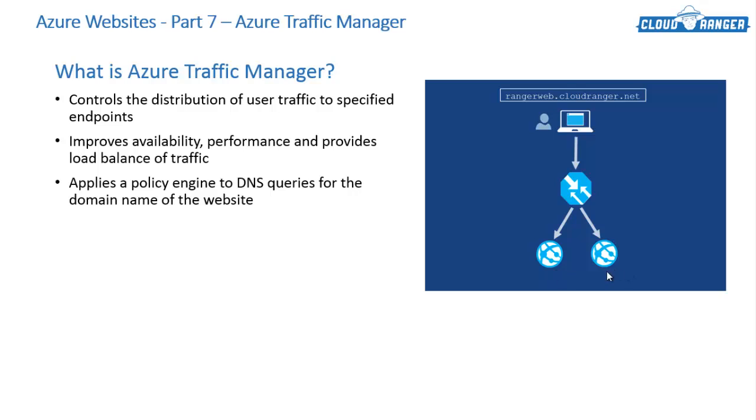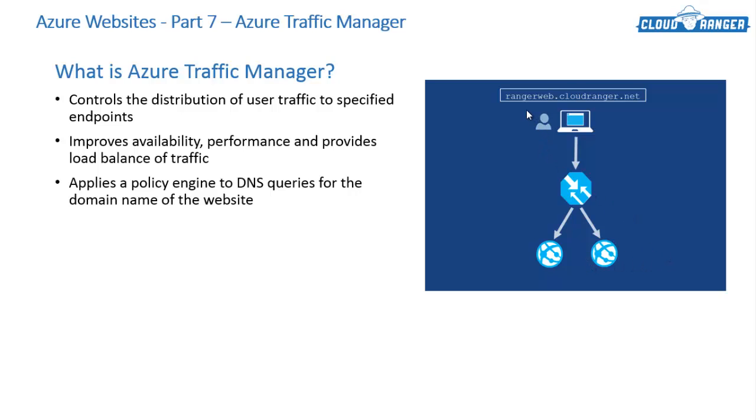Here the endpoint is a website, but it could be an Azure website or web app, or even a cloud service. Think of these two websites as the same website, but on two separate servers.